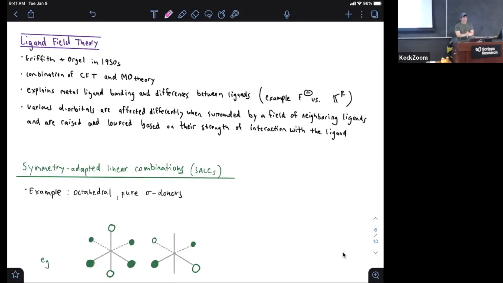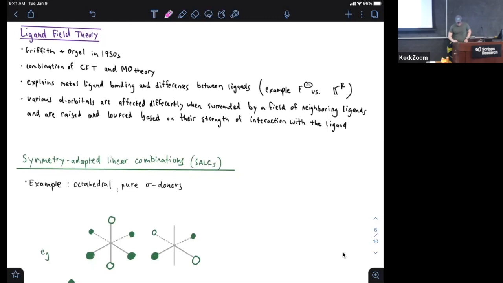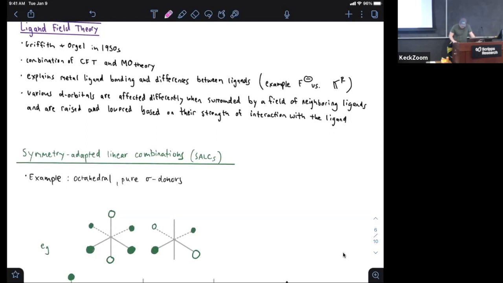We know that a fluoride ligand has a very different effect in terms of its bonding interactions than a carbonyl, a CO ligand, because of the molecular orbitals of the ligand itself. And so this superposition now allows for a more accurate description of bonding and the energy levels that are involved in frontier orbitals. So you can think of ligand field theory in a general sense as the superposition of the two systems that we've covered up until this point.